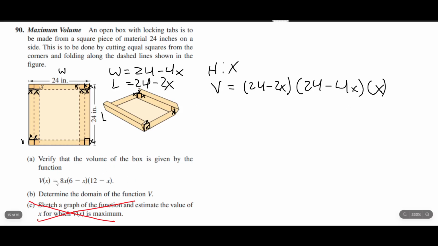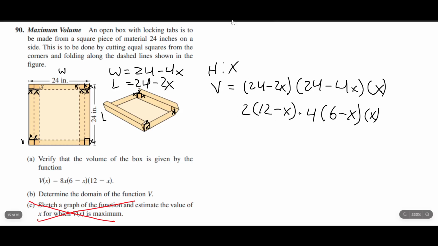I see here that there's no negative outside, so technically I'm not cheating. So here I'm going to factor out a 2, so it'll be 2 times 12 minus x, and then I can factorize a 4 here, so it'll be 4 times 6 minus x times x.